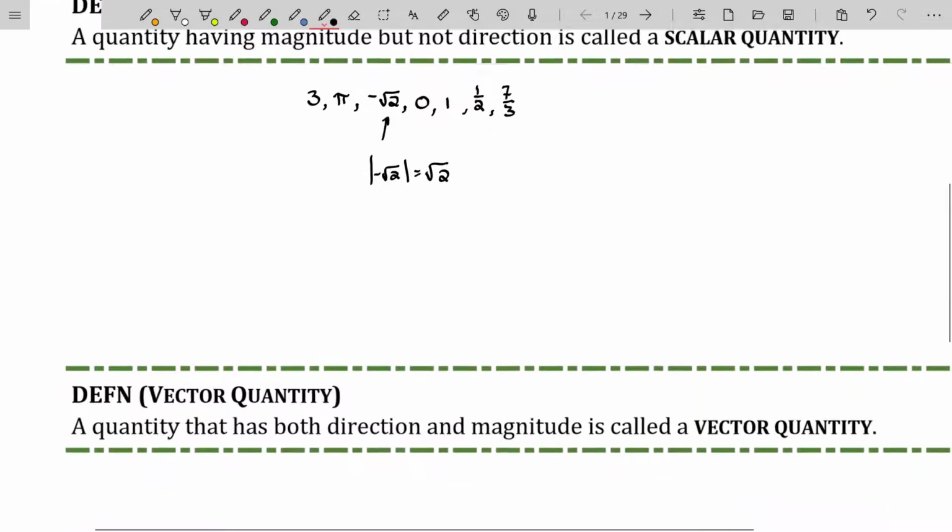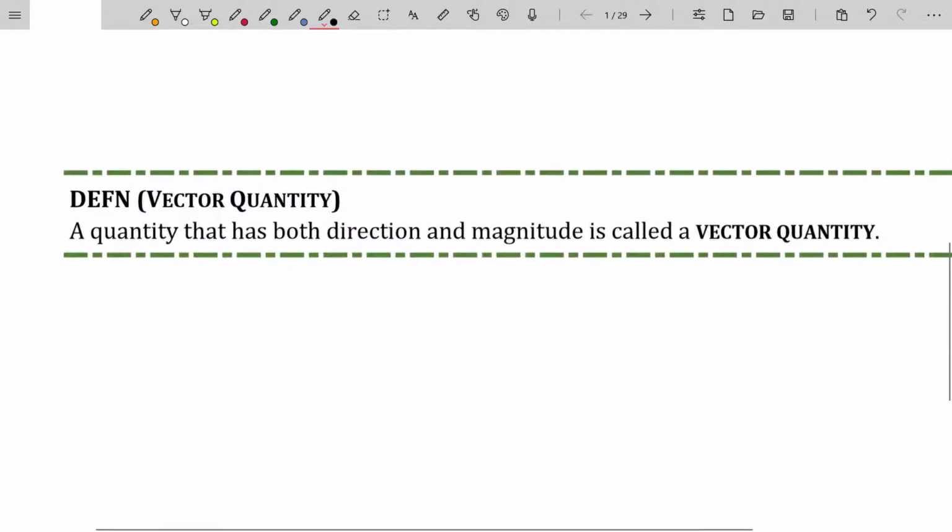On the other hand, a vector quantity is a quantity that has both direction and magnitude. So it is kind of like a number, but it implies a direction as well. And because it implies a direction, you kind of immediately think of arrows, and that's exactly what we're going to be doing. We're going to have stuff like this going on.